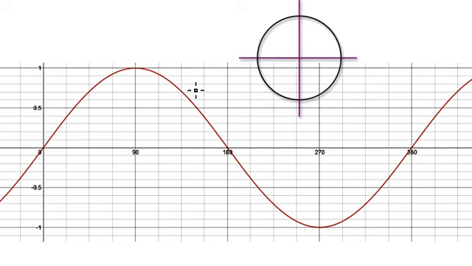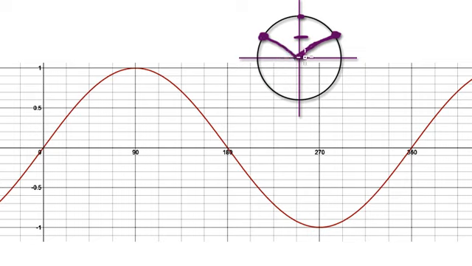Okay, so the next question is, what angles will give me a height of 0.5? Well, from here to here is 1, so halfway is 0.5. So what angle will give me 0.5 here?